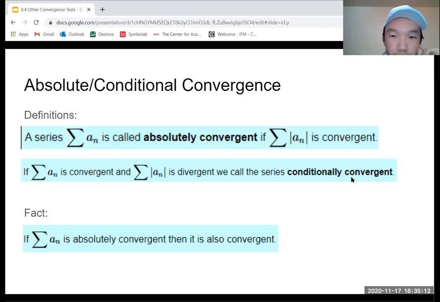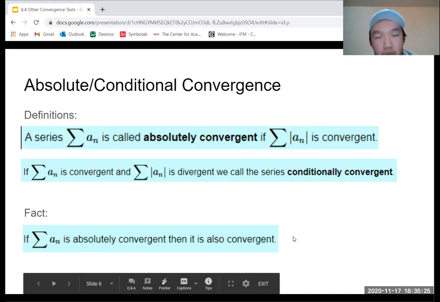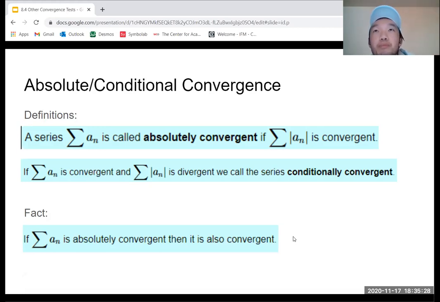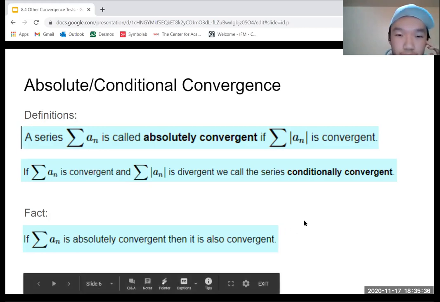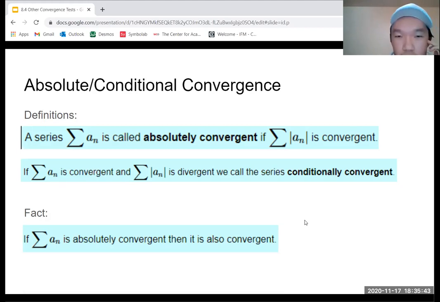And then we have one little note here, and it says fact. So if a series is absolutely convergent, then it is also convergent. So from that fact, you can sort of say that absolutely convergent is like a stronger form of convergence. I guess you could say it like that. Because if something is absolutely convergent, it is also regularly convergent.